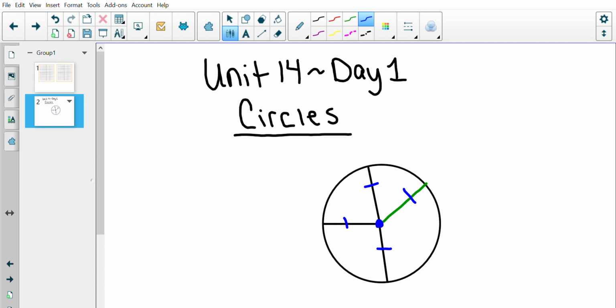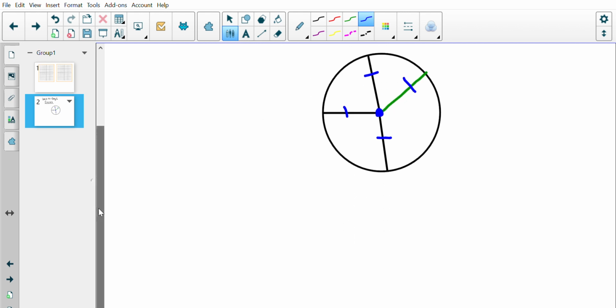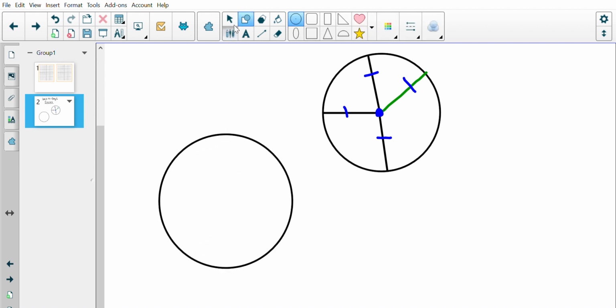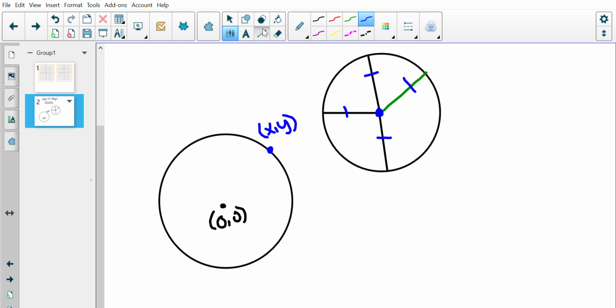We could actually use the distance formula to derive the equation of a circle. So let's say I gave you a circle with center 0, 0, a point on the circle represented by x, y, and obviously the radius of the circle we will represent with r.